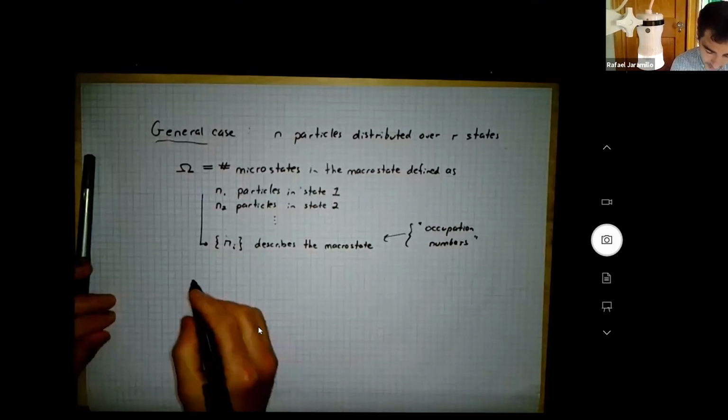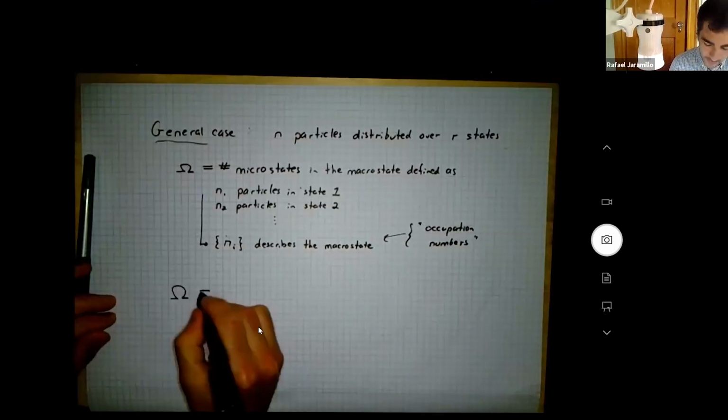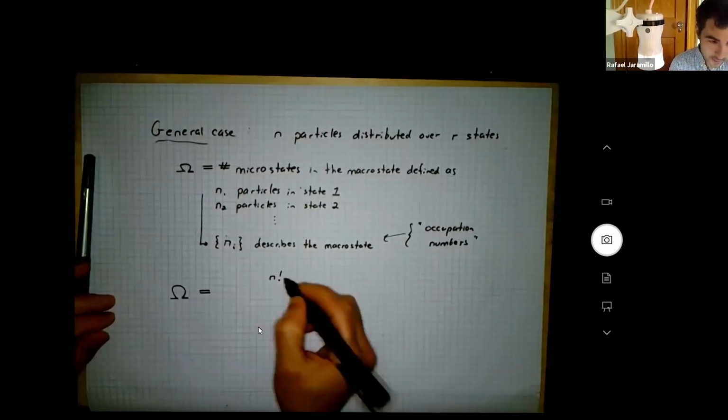All right, anyway, here's the answer. The answer is this. And if there's time, we can come back to derive this. The book does not derive this. It's not hard to derive.